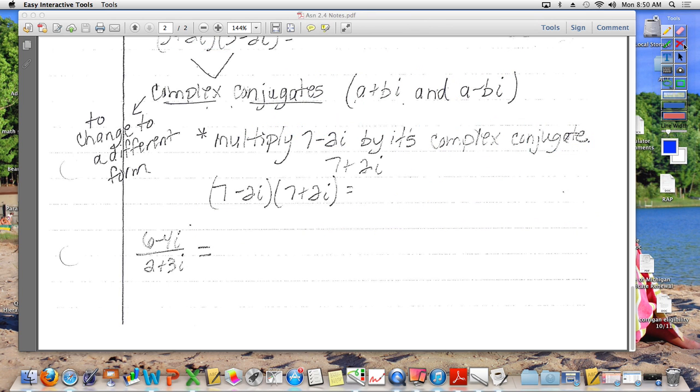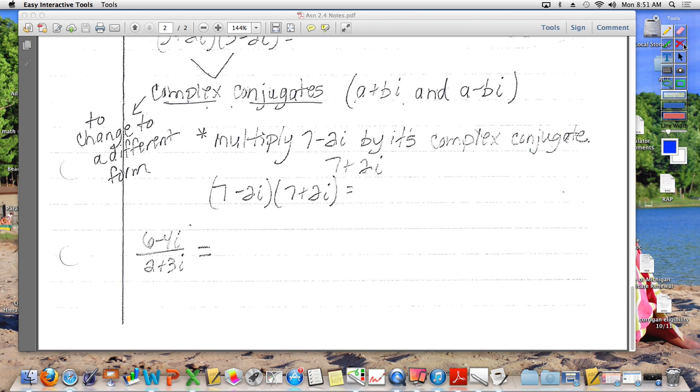Complex conjugates are defined here: a plus bi and a minus bi, exactly the same except for the plus minus. And I put a little note here, and you're going to want to do this too: whenever you want something to look different, and I'll explain what I mean by that later, you're going to want to multiply by the conjugate.